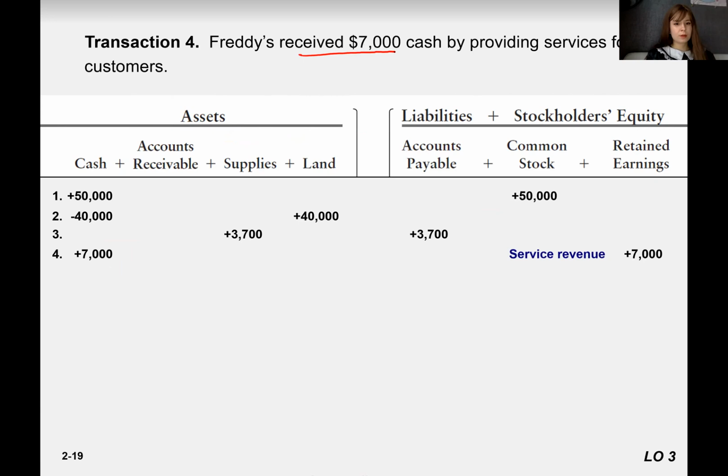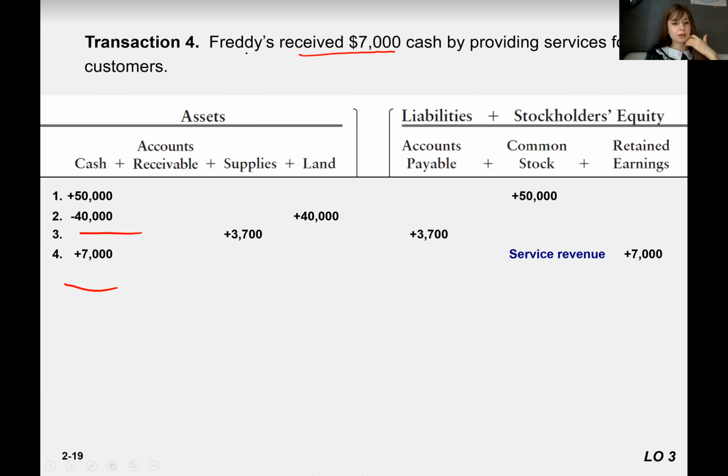Ella, you should be participating here. Ella, can you hear me? Yes, sure. So the customer paid the cash on the spot and received the services. It means the transaction is over, right? You provide the services, you receive the cash, and the transaction is complete. So that's why cash is increased 7,000. See here, Ella? Yes, 7,000 increased.